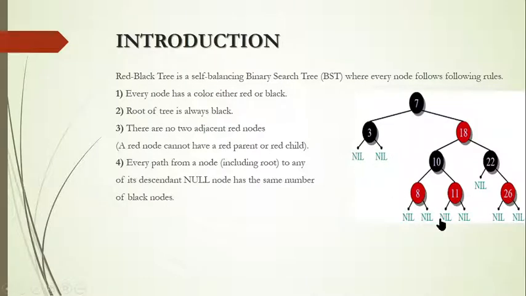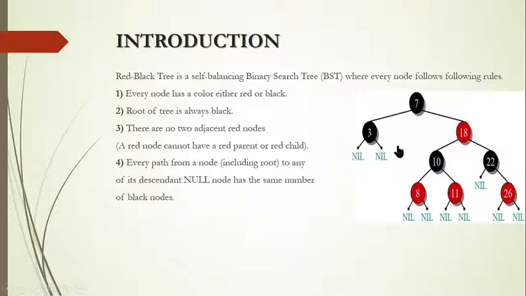Make sure every nil that we are talking about should be started from the root, and these are the descendant paths. In all these paths, you can see the node has the same number of black nodes. Every path from a node to any of its descendant null node has the same number of black nodes. From the root, I have one black node.